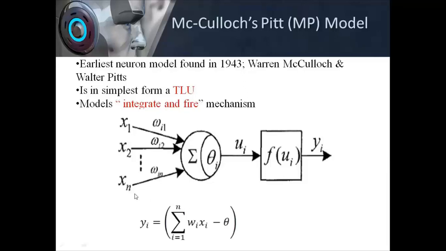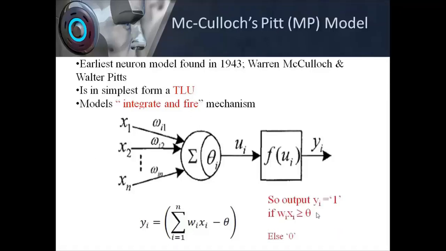The output of the ith neuron is expressed as the summation of the strength of the interconnection multiplied by the input applied, minus the threshold.